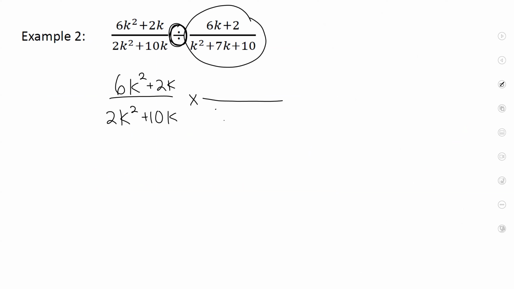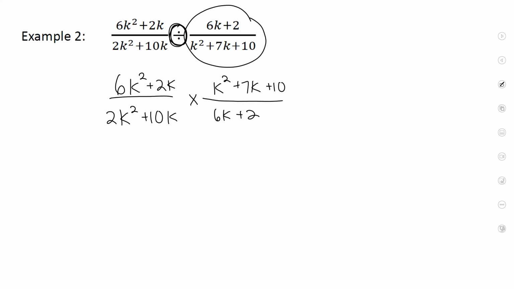So 6k squared plus 2k will be in the denominator. K squared plus 7k plus 10 is in the numerator. Now we're just going to factor. Which one of these will use an eye chart? Top right? Yeah. Yep, that's the only one that will use an eye chart.